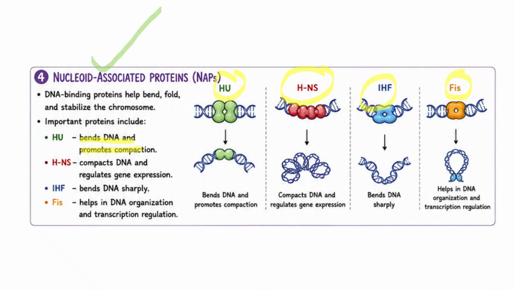Second, independent loop domains prevent the spreading of supercoiling. Then DNA can be accessed for easy replication, transcription, and repair. If DNA is too tightly packed, these processes cannot occur efficiently. So bacterial DNA is packed to achieve the perfect balance: highly compact but easily accessible. Please learn this carefully, it is a very important fact.